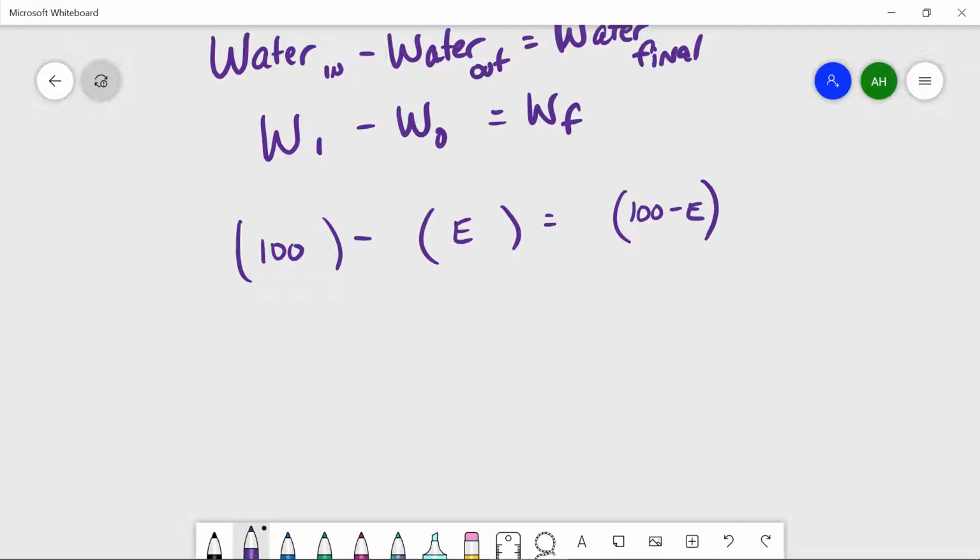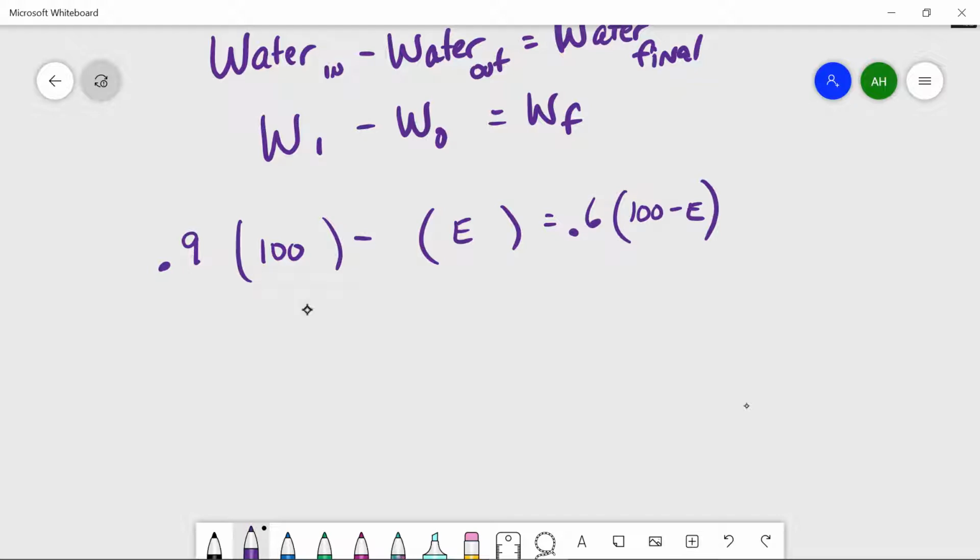We said this was a 10% brine solution. If it's 10% brine, we know that it is 90% water. Then over here, what I want to get is a 40% brine, which means that this is going to be 60% water.